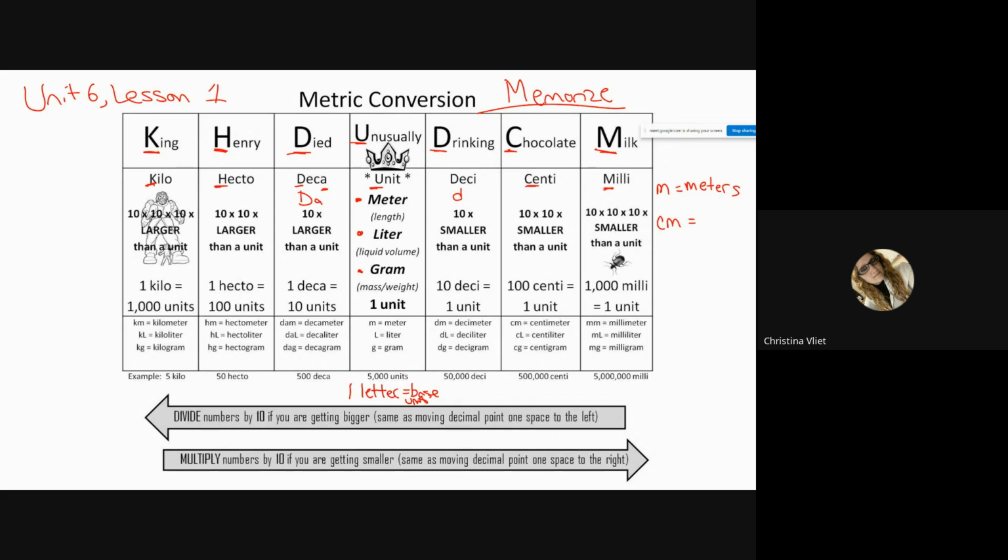The first of those two letters is the prefix, and the second of those two letters is the base unit it's modifying. So C would be centi, right? And then M would be the meters, the base unit. So if I see two letters, this means that I have some kind of prefix. The first letter is the prefix.